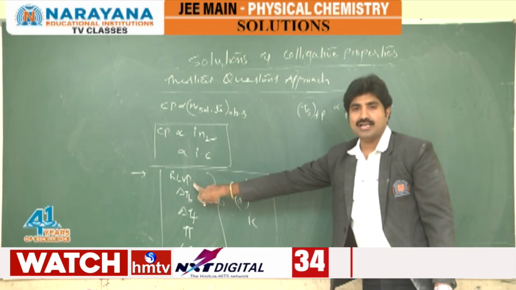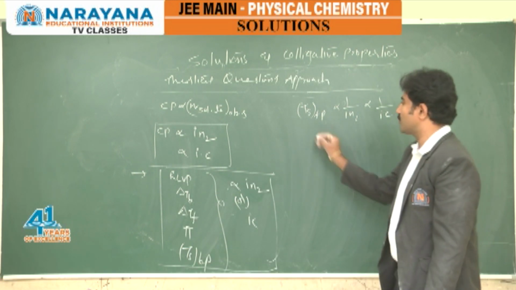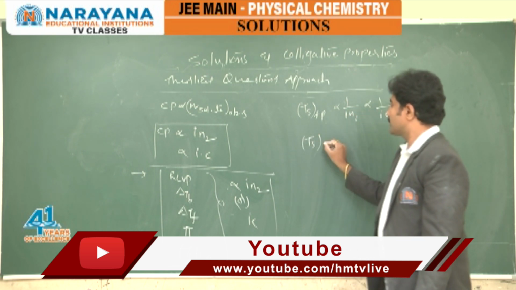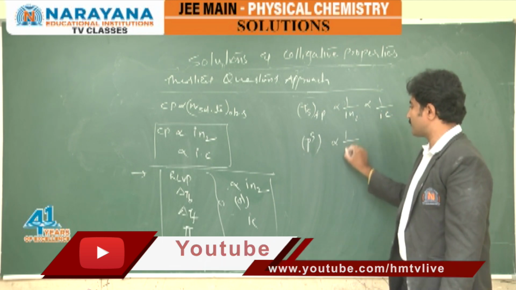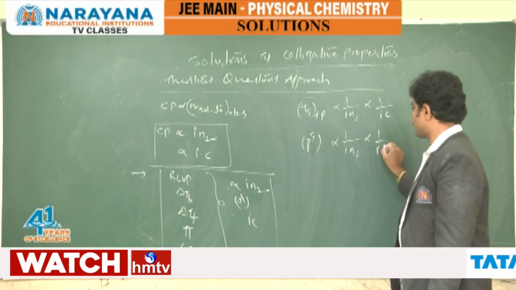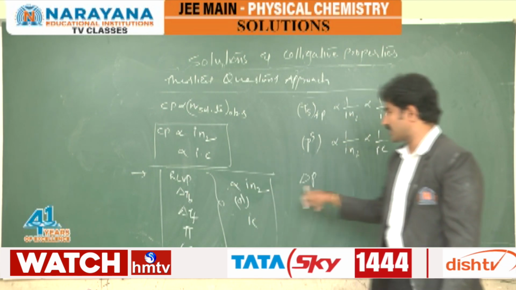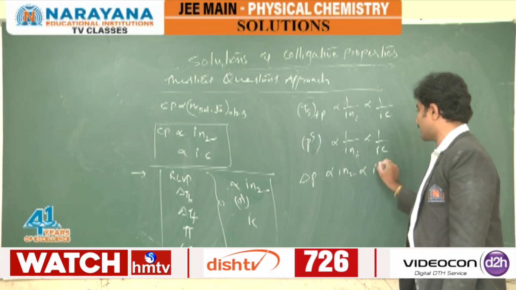Suppose relative lowering in vapor pressure is more, delta P lowering in vapor pressure is also more. From this what we can write? So this is PS, vapor pressure of solution is also inversely proportional to iN2 or iC. And delta P, what is this? Relative lowering in vapor pressure directly proportional means lowering in vapor pressure is also directly proportional, that is iN2 or iC.